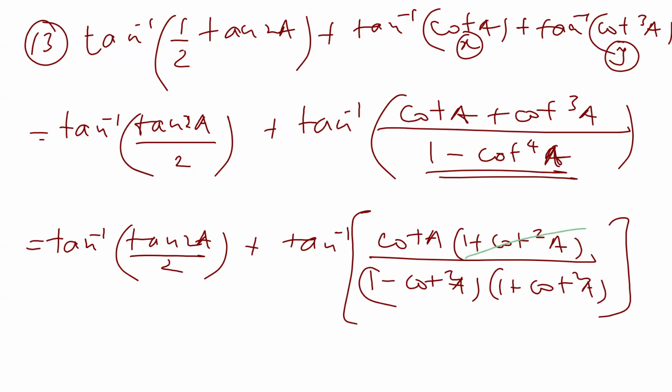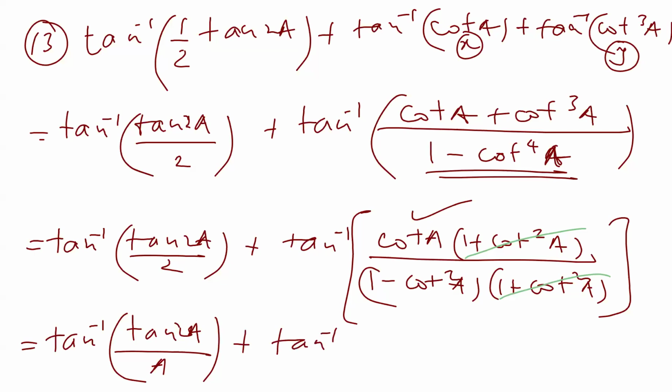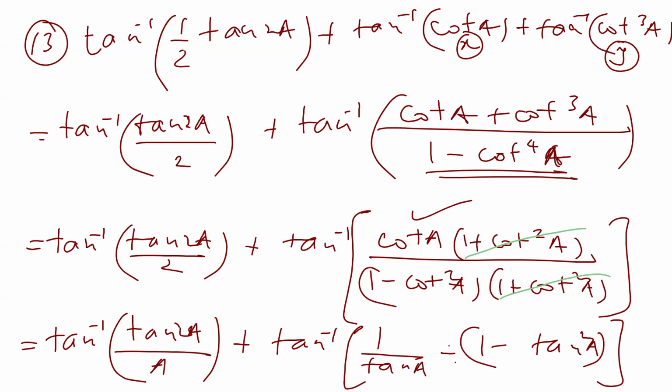Okay, so this term got cancelled. Now convert the cot term into tan term. So tan inverse of tan 2a by 2 plus tan inverse of 1 by tan a divided by 1 minus tan square a.